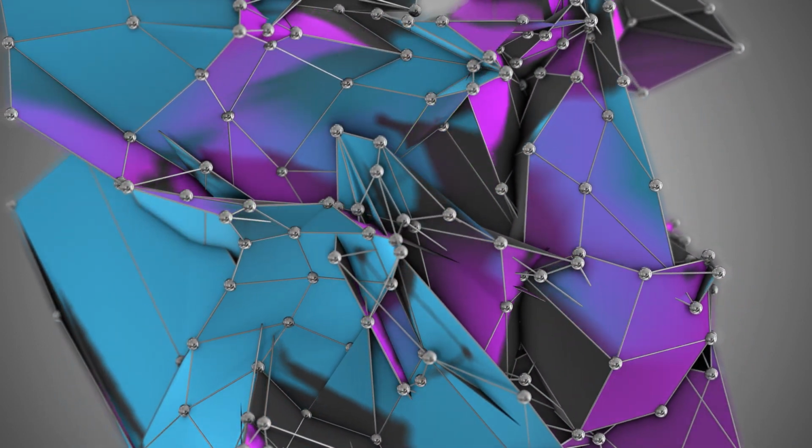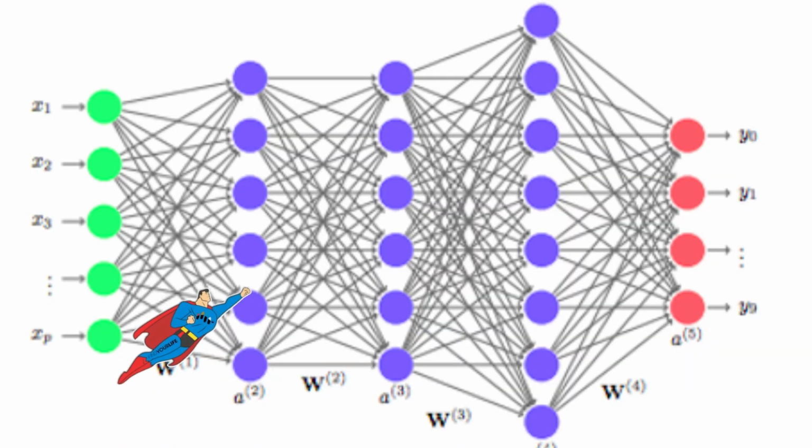Imagine these artificial neurons as the heroes of our story, each one contributing to the grand narrative of machine intelligence. They are the ones that learn, adapt, and evolve, forming the very essence of deep learning.